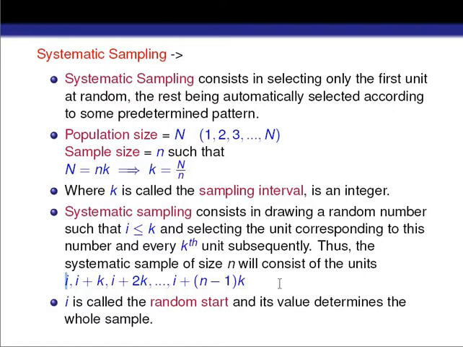This i is called the random start, and its value determines the whole sample.